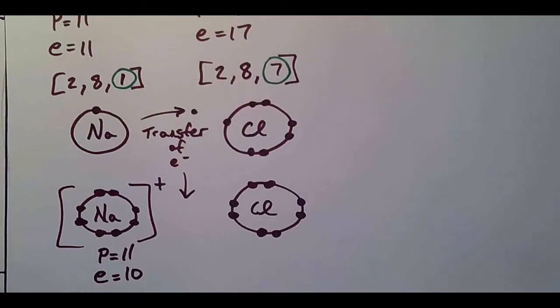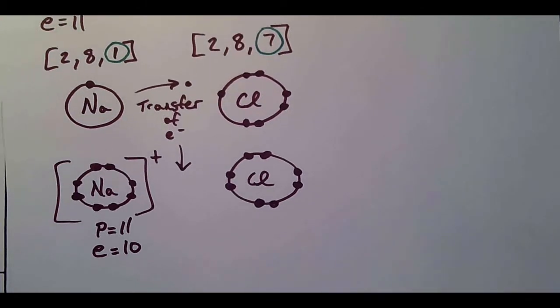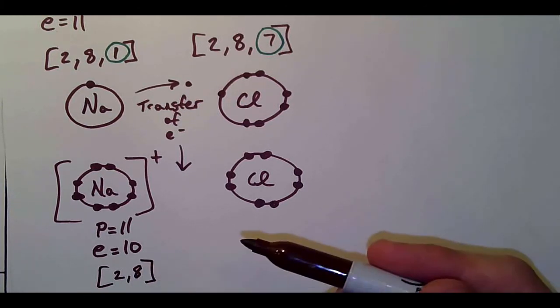So down here we've got sodium, and now we can draw it with its outer shell completely full of electrons. And when we remind ourselves of the math down here, it still has 11 protons, but since it's lost an electron, we only have 10 to pass out. So if we do our little bracket once again, we can see that 2 electrons fit in that first shell. We know that 8 electrons fit in that second shell, and that's all that we have to pass out.